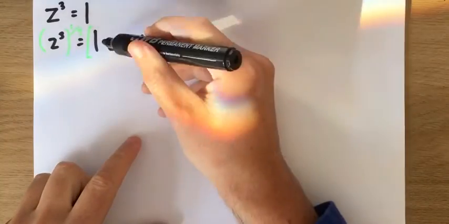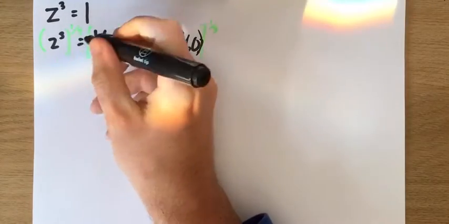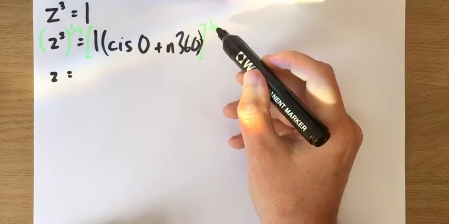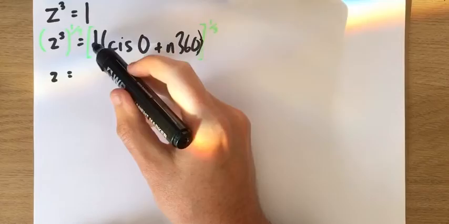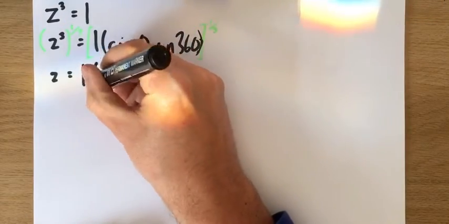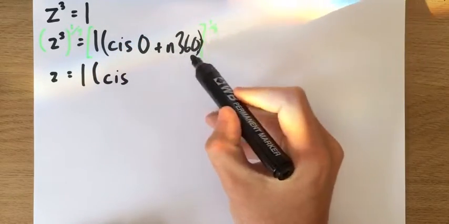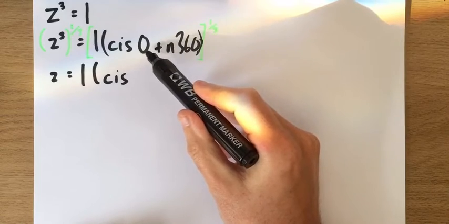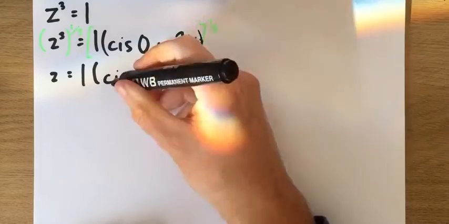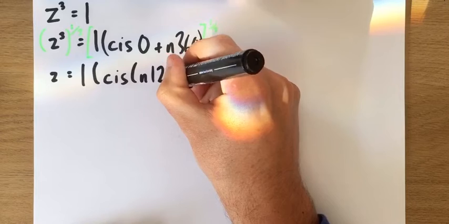So that's just going to be z is equal to, using De Moivre's theorem, 1 to the power of a third, which is just 1, times the cis of, multiply these by a third. So 1/3 multiplied by 0 is just 0. 360 multiplied by a third is 120. So this ends up being the cis of n times 120.